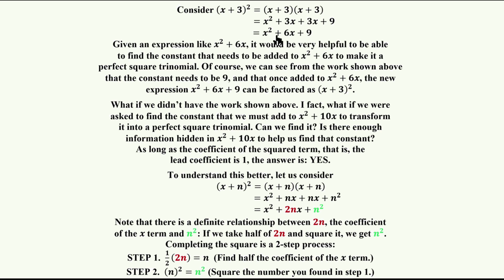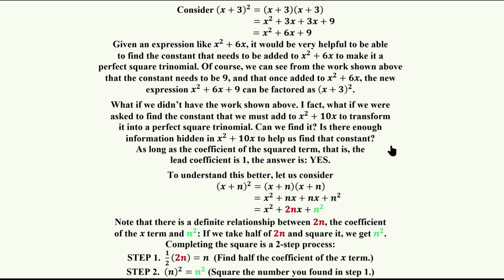As you know, a trinomial such as x squared plus 6x plus 9, which can be written as the square of a binomial, is called a perfect square trinomial. So that's the goal, to take just the square term and the x term and find out the number we need to add to it to make it a perfect square trinomial.